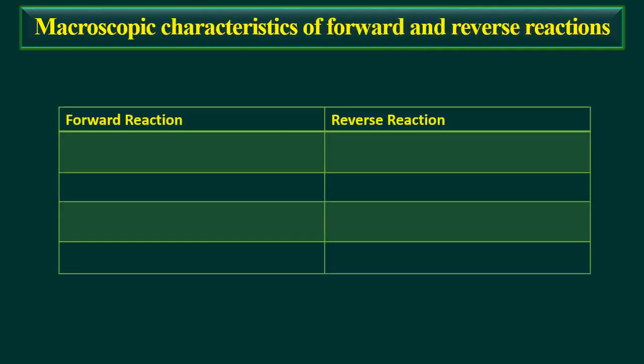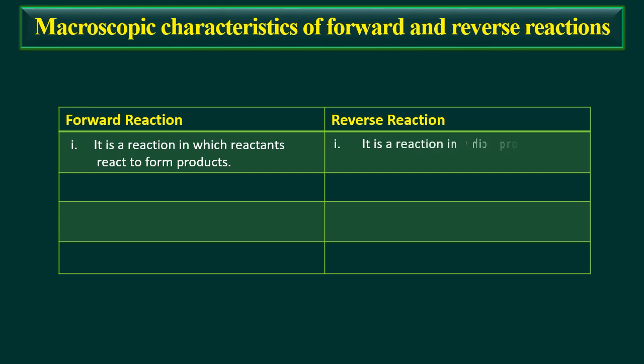Macroscopic characteristics of forward and reverse reactions. Macroscopic means visible. In a forward reaction, reactants react to form products, while in a reverse reaction, products react to form reactants.